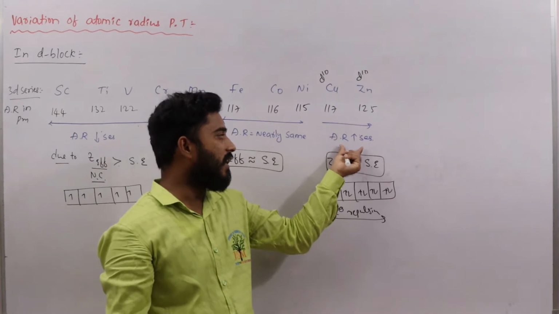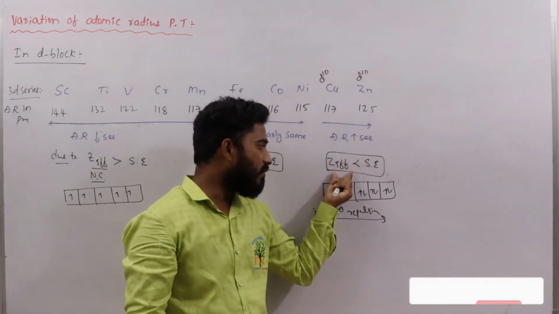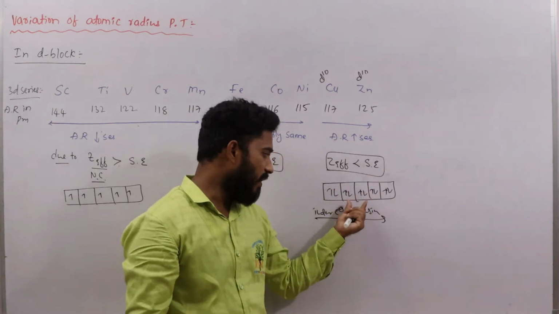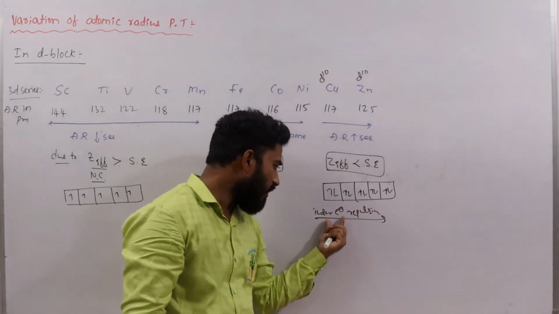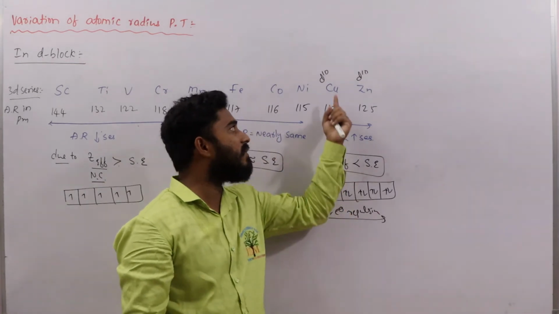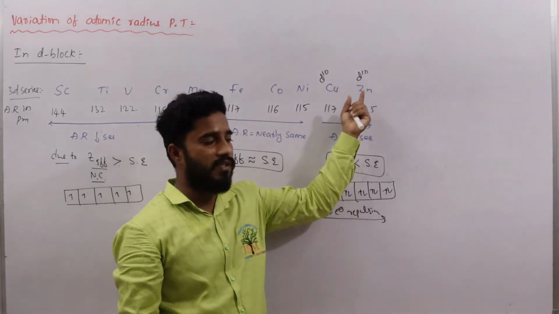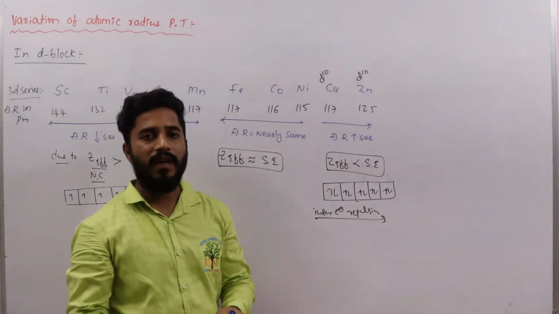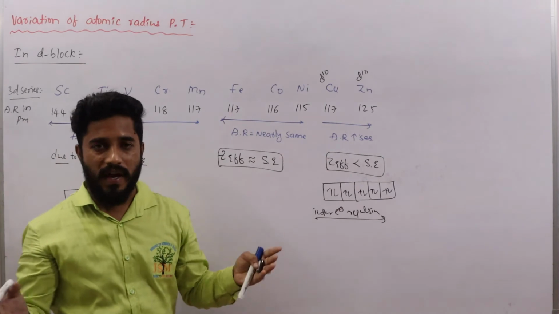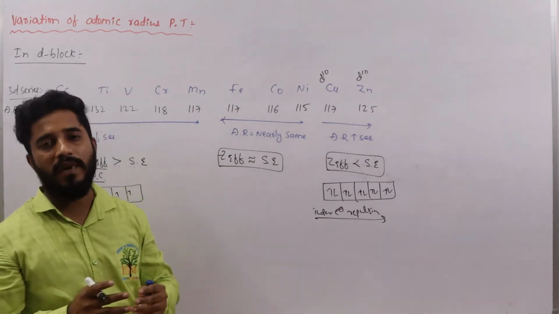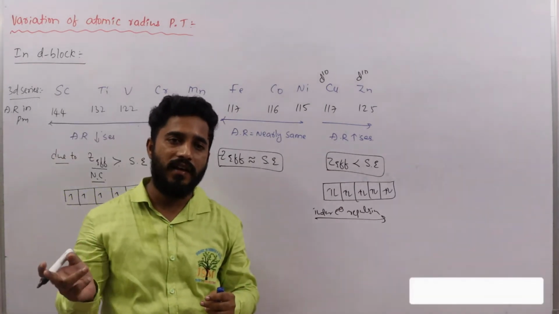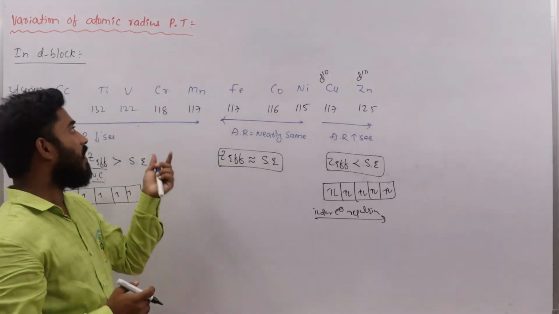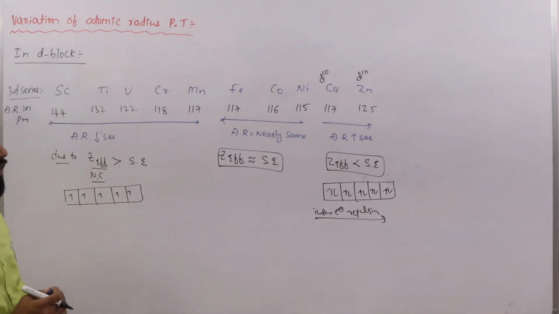Copper to zinc, atomic radius increases because Z effective is less than the screening effect, and also because of one more factor: inter-electronic repulsions due to D10, that means more electrons present in the same orbital. That's why repulsions are more, the electron cloud expands, the size of the atom increases, and the atomic radius also increases. So this is about the 3D series in D block elements.